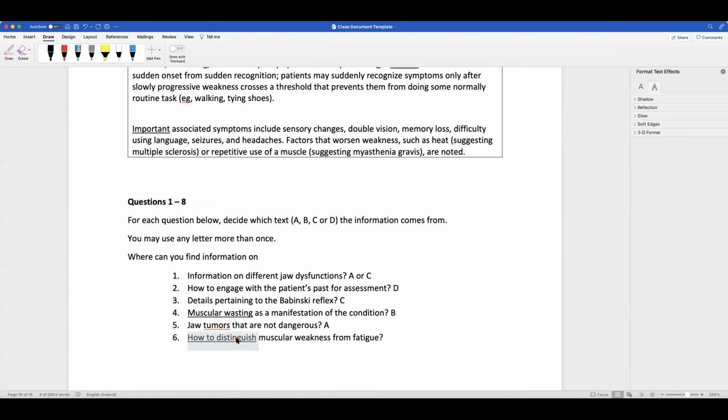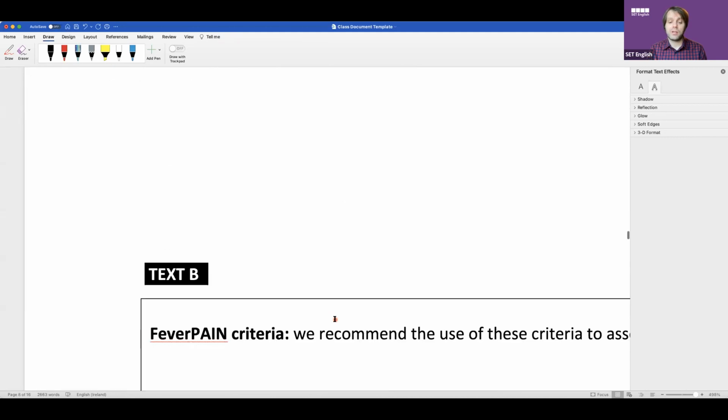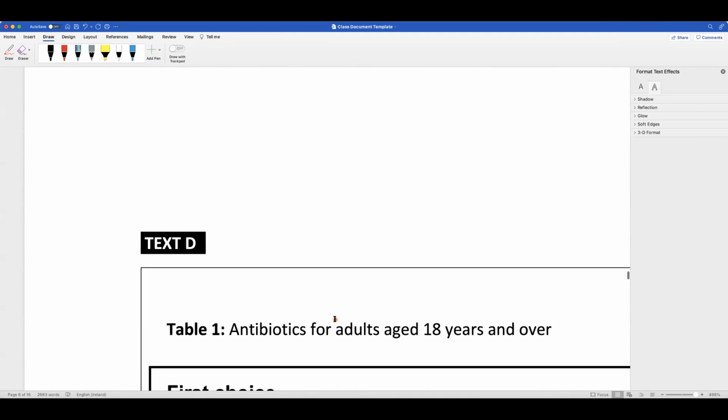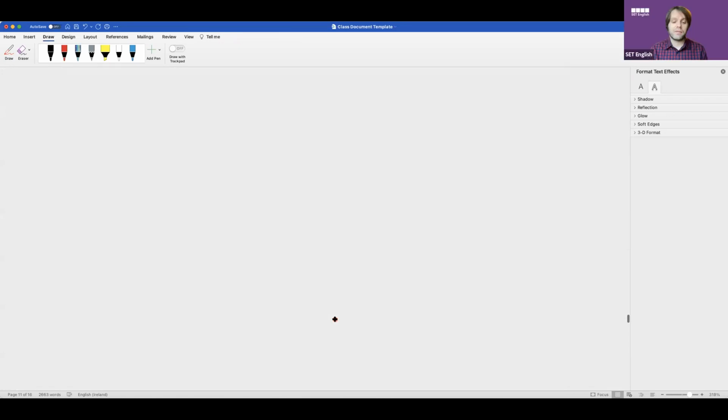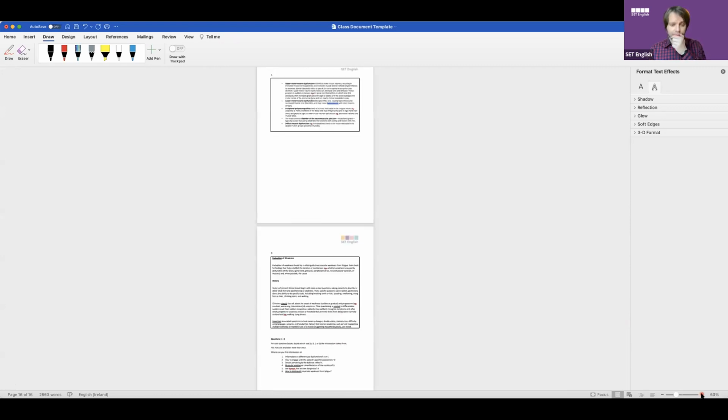Shall we just check? Maybe I'm wrong. Okay, so what's my key word here? Weakness. Distinguish. There's something more unique than that. Very unique word. Fatigue. Okay, so we're going to search in the text for fatigue, and then we'll finish the class. Let me just zoom in. Sorry, sometimes this doesn't show very well.